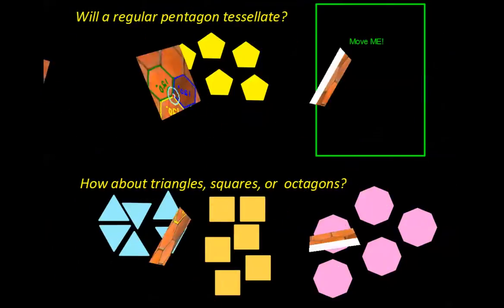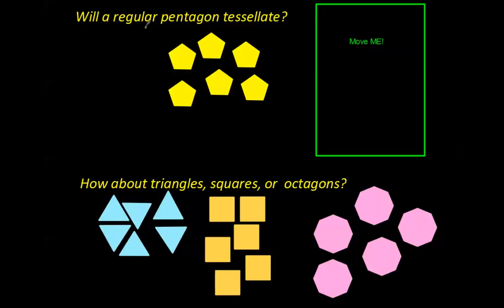Let's look at some other regular polygons, like a regular pentagon. Will it tessellate? Well, I could take these regular pentagons and move them around and try to see if I can create that tiled floor kind of thing. And I'm trying to, but I don't really see how I can get that in there.